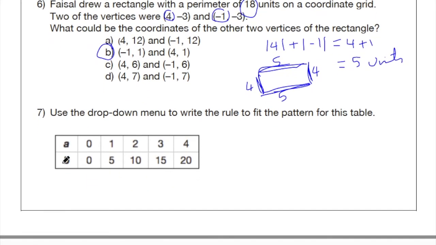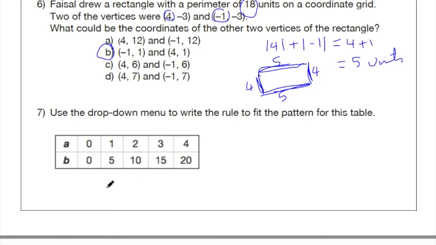Next, use the drop-down menu to write the rule to fit the pattern for this table. Here we have A and B, two variables, and the relation between both of them. For the first one, 0 and 0, we cannot know which operation happened. But for the second one, you have 1 and 5.